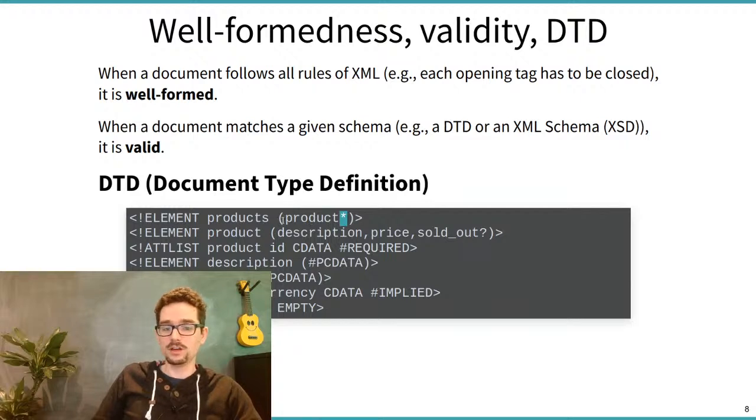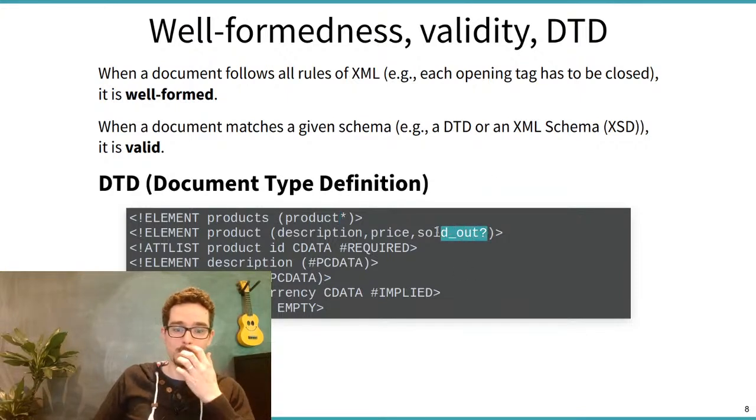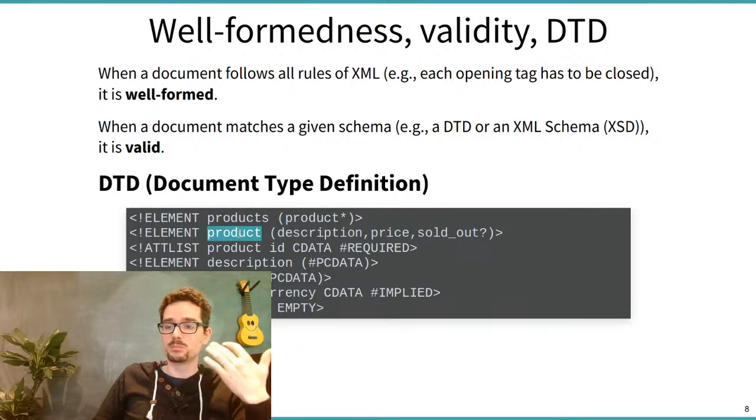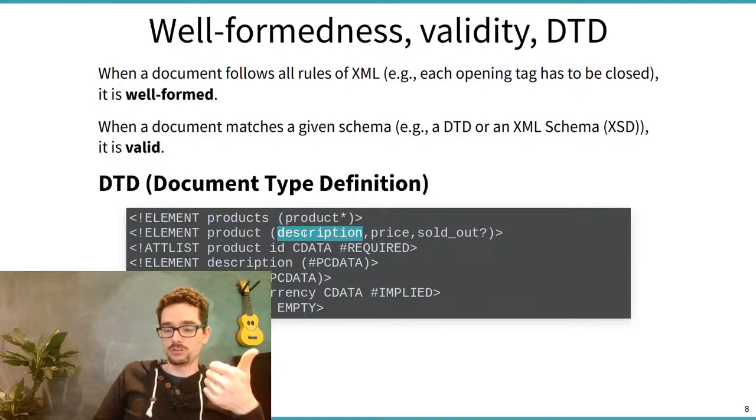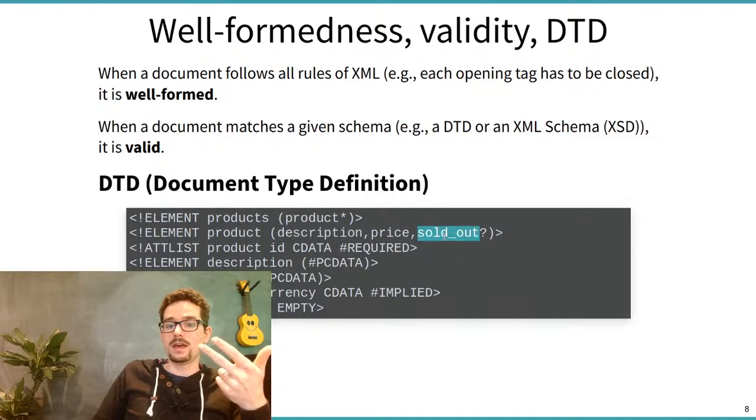It is not allowed to have other children here. Star means arbitrarily many. There's also a plus, which means at least one. There's a question mark, which means it's optional. So whenever we have a product element and the order is important, the children must be description, then price, and then sold out, but sold out is optional.